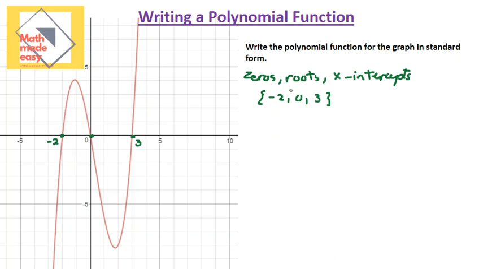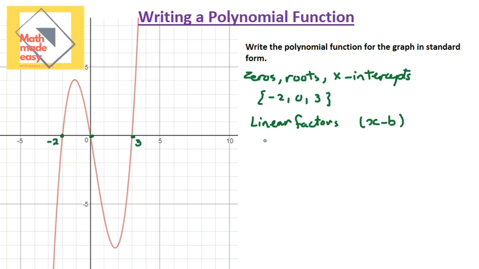Once you have the zeros of the function, you are going to change these zeros to what we call linear factors. Now, linear factors are written in the form of x minus b. What do you mean by that? X is a variable, you write that, minus b here is one of the zeros.